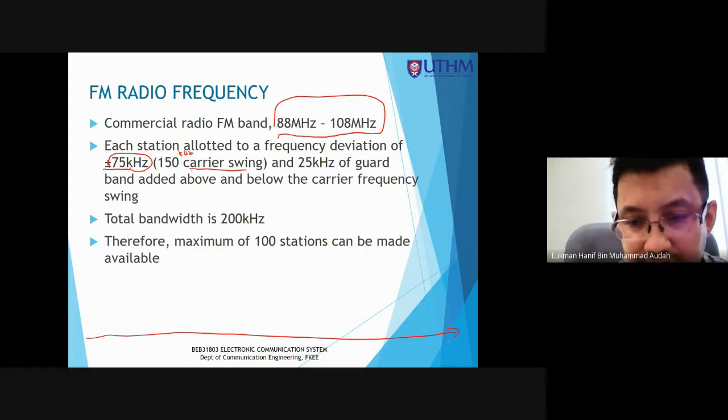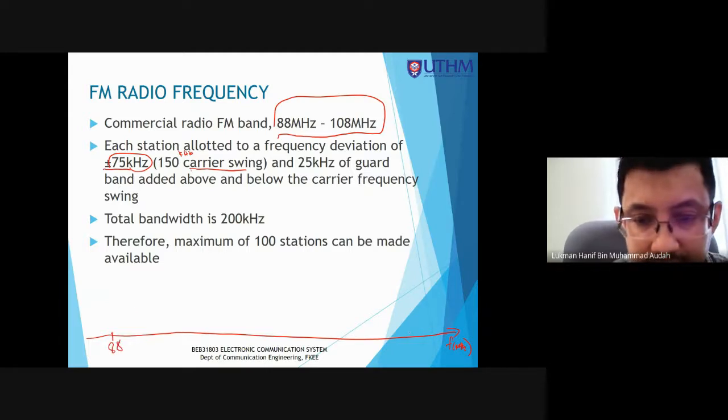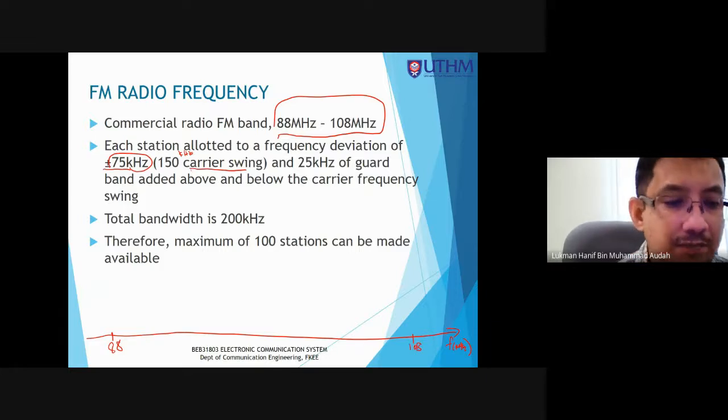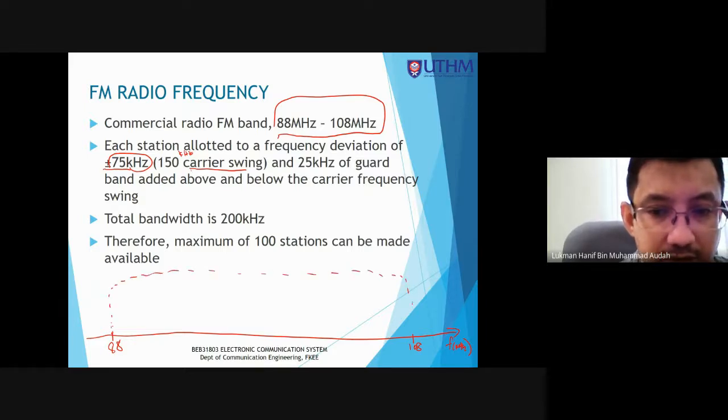So let's say this is F in megahertz, paksi F, F in megahertz. And it is said that the FM band is from 88 until 108. Okay, so if you draw this one, it is supposed to be something like this.